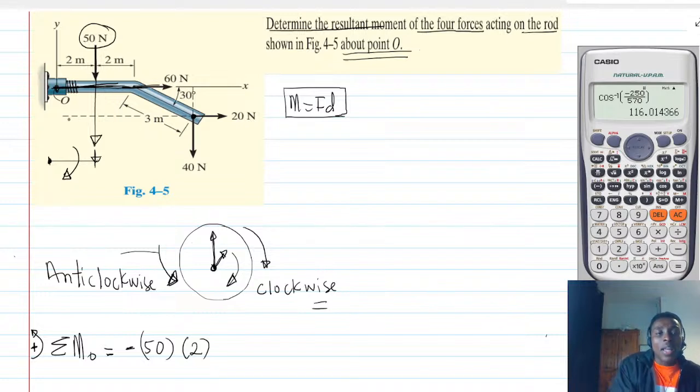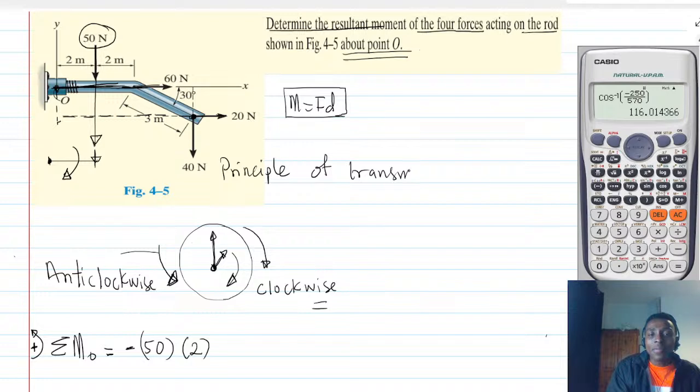The line of action of the 20 Newton force is going this way. Since the line of action is coming this way, we need to find the perpendicular distance. Let me explain this. We call it the principle of transmissibility.